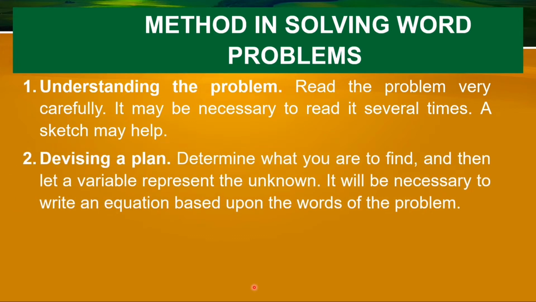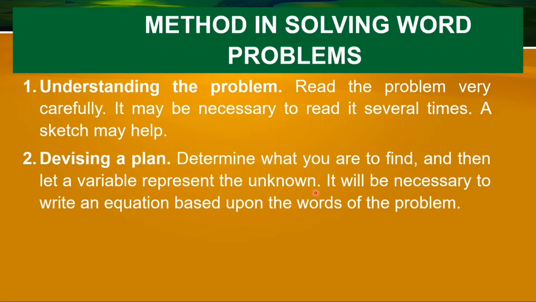Second, devising a plan. Determine what you are to find and then let a variable represent the unknown. It will be necessary to write an equation based upon the words of the problem. So when we say devising a plan, you must have a clear view of what you are going to find. What are you looking for? And then we make use of a variable or a literal coefficient to represent the unknown.